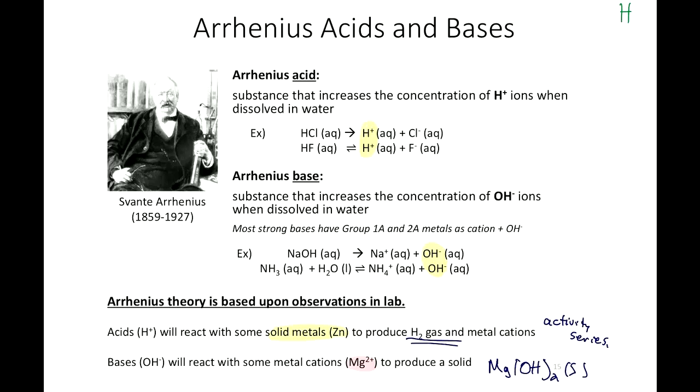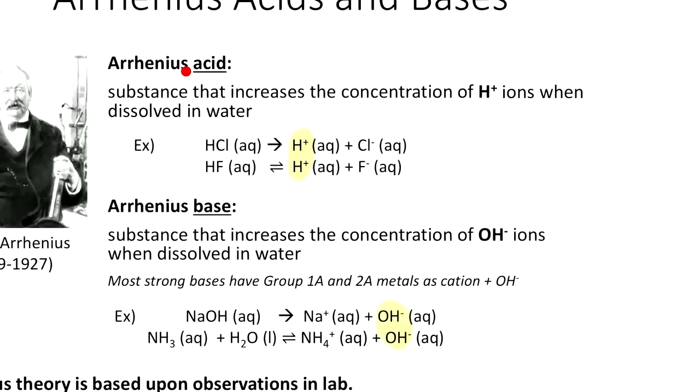If he mixed in a substance and it yielded no observation, it didn't make bubbles, it didn't make a solid, then he identified that substance as neutral. It isn't acidic, it's not basic, it's neither.